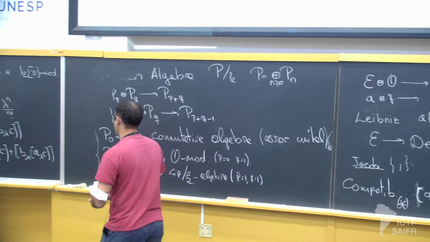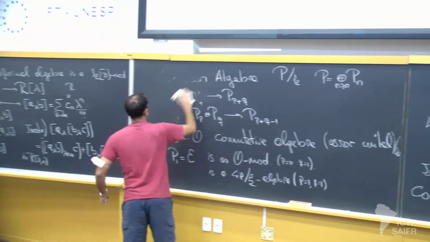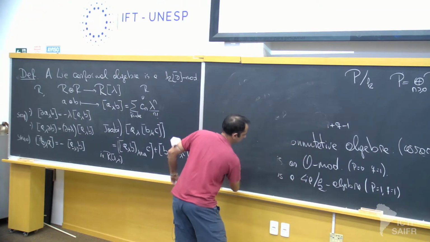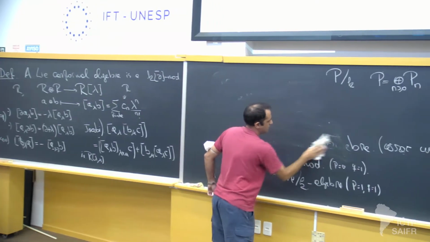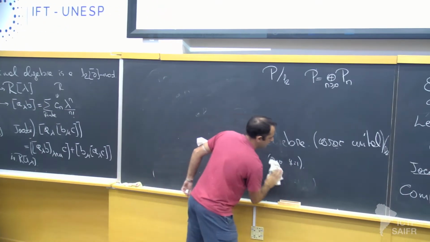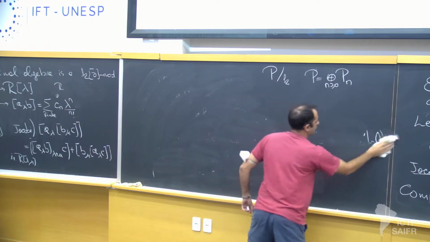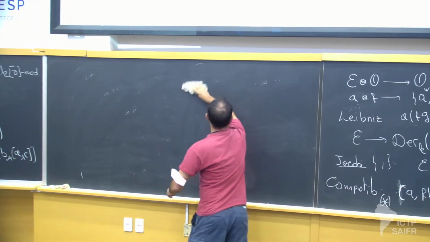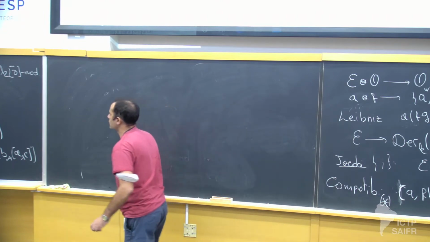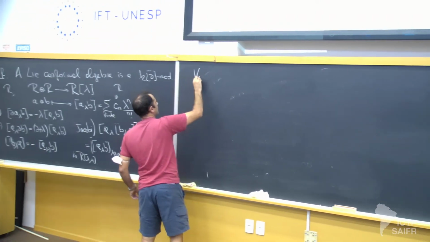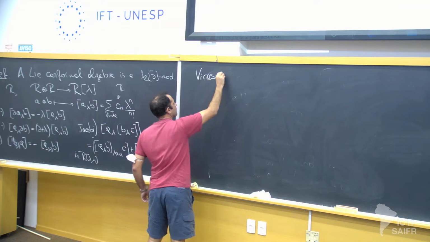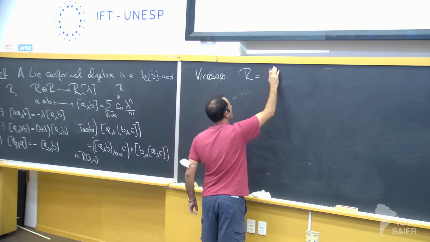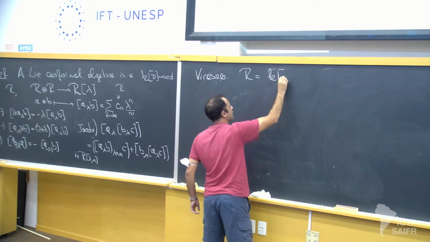So examples of this. I'll give one. One example of this is the Virasoro Lie conformal algebra. This is R freely generated by one guy as a K[del] module.